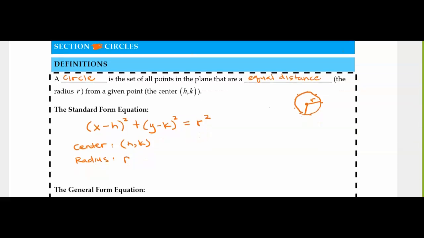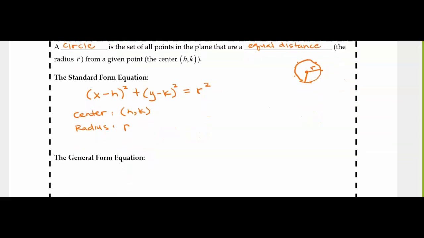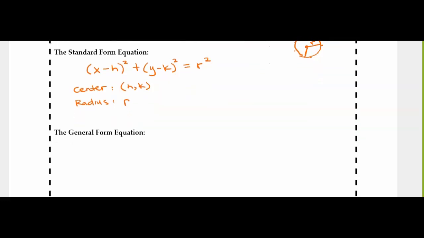We're going to also talk about one other form of a circle that you need to make sure you know, and it's the general form of the circle, which looks like this. It starts off as ax squared plus by squared plus cx plus dy, and then plus e equals 0.